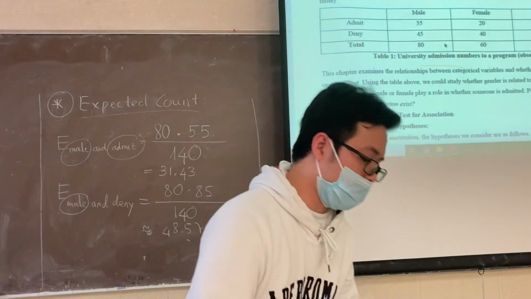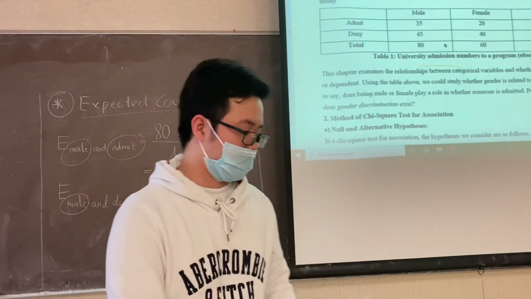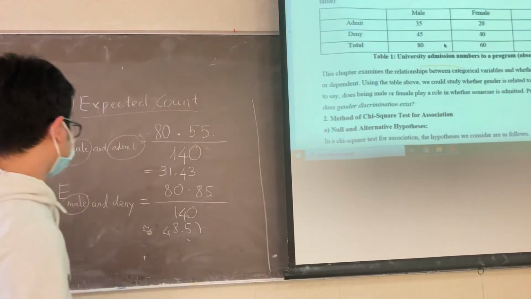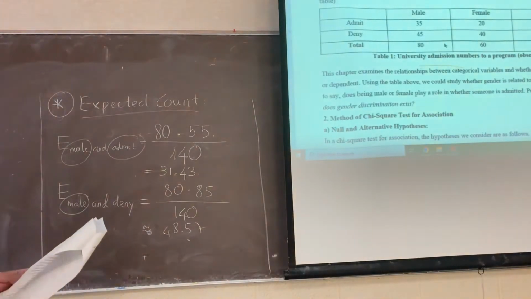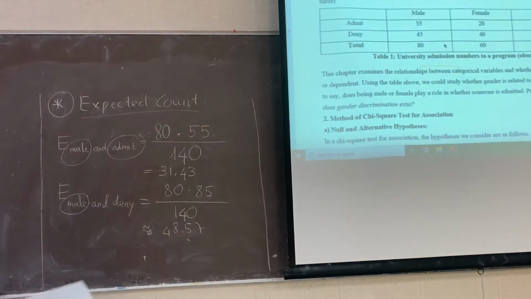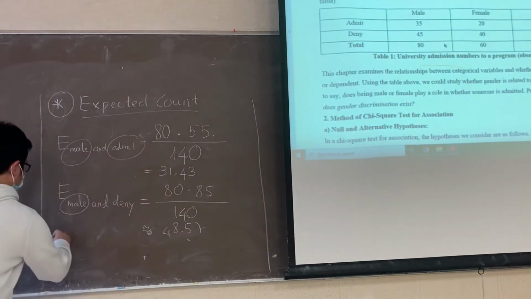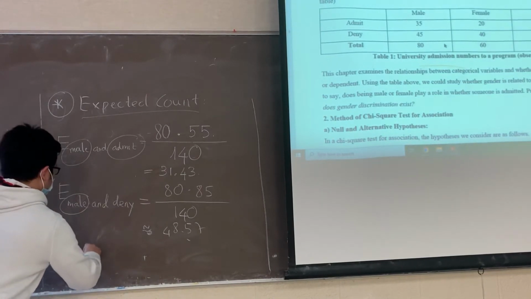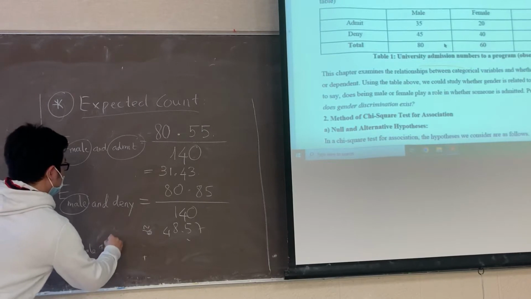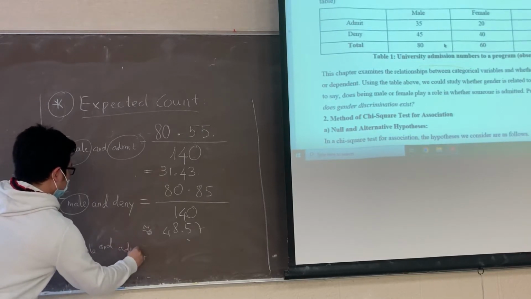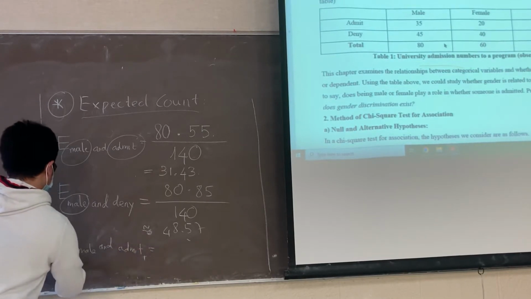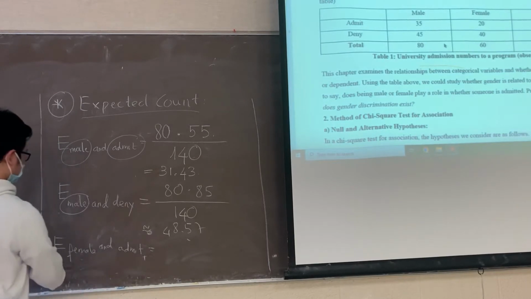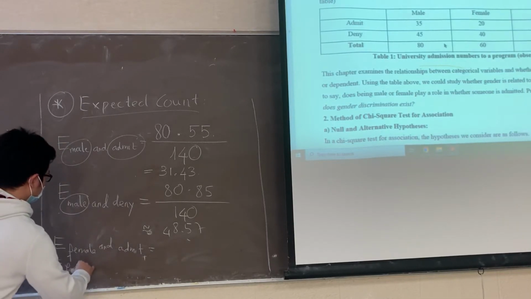So this is the way to calculate the expected count. Sometimes we don't write it all down. You can calculate the expected count of female and deny, and female and admit, similarly.